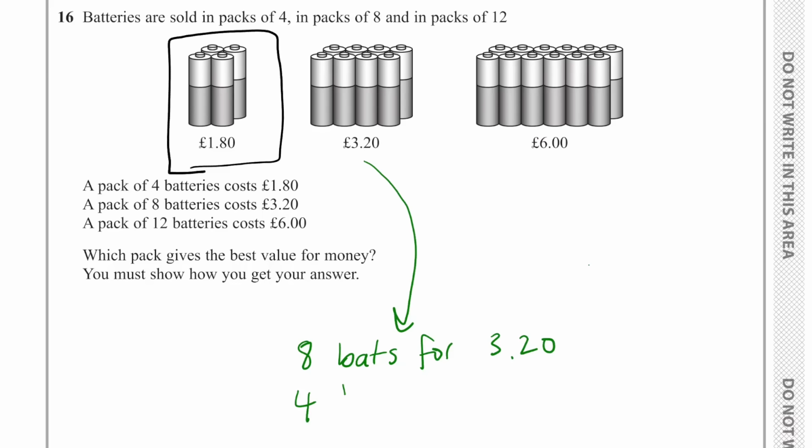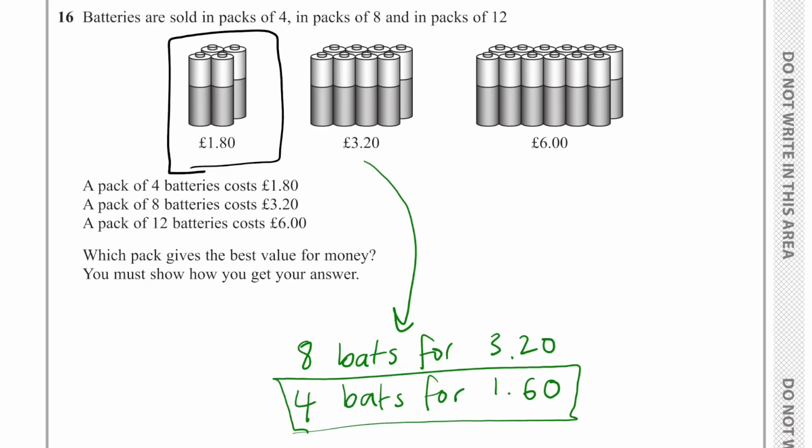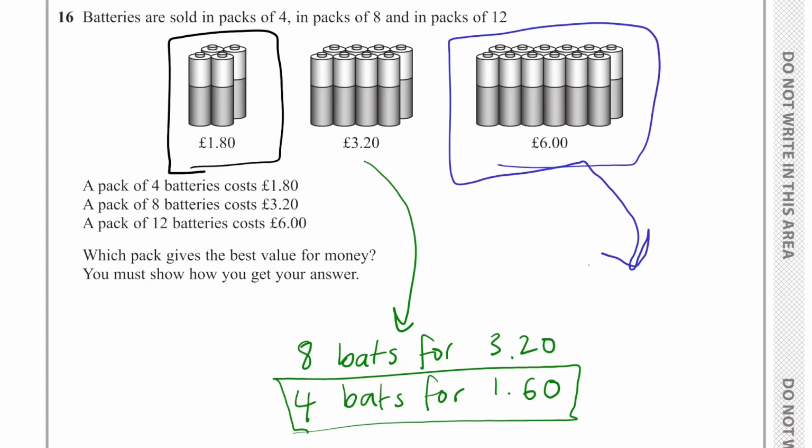So if I half that, half of £3.20 is £1.60. So that one's 4 batteries for £1.60. And for this one, 12 batteries are £6. How can I make that 4? Divide it by 3. 6 divided by 3 is £2.